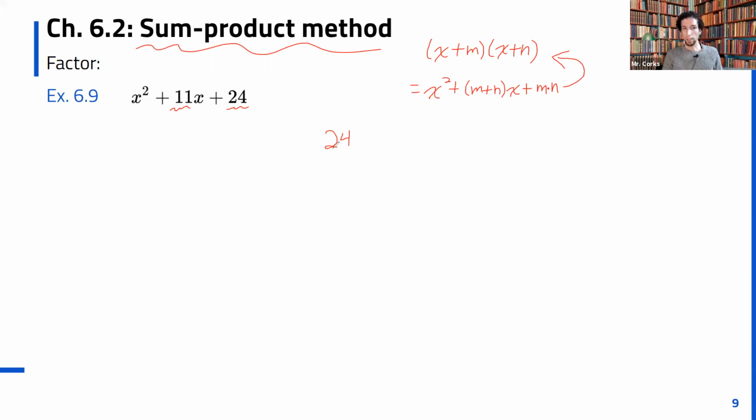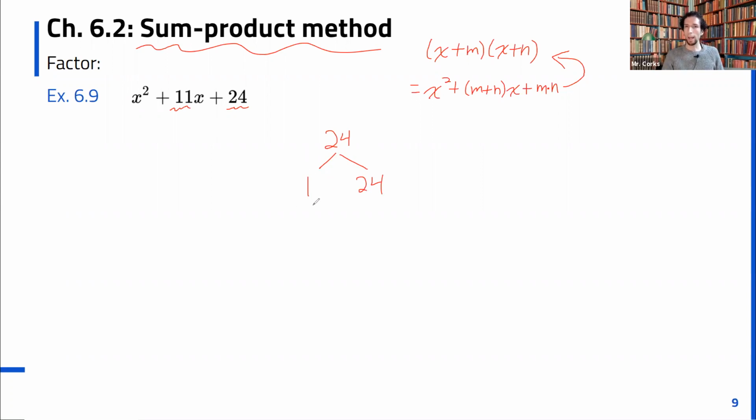Okay, so 24, we want a product. So two numbers that multiply together to give 24. So we just look at the easy factors of 24. 8 and 3. Okay, well, there's an even easier one, like 1 and 24. That could be the solution, so we include that.